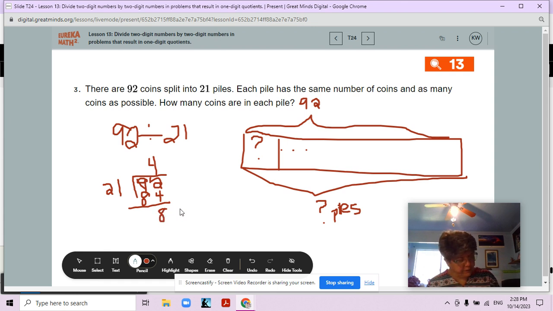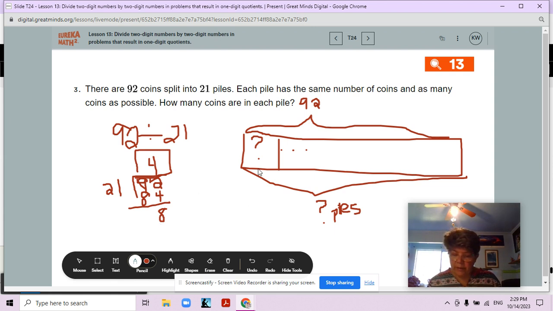With 8 left over. Okay, so now this problem is a little bit different because we're not talking about buses and children. Each pile has the same number of coins and as many coins as possible. So that means that there are 4 coins in each pile. And then there's just 8 coins left over. All right, does that make sense?